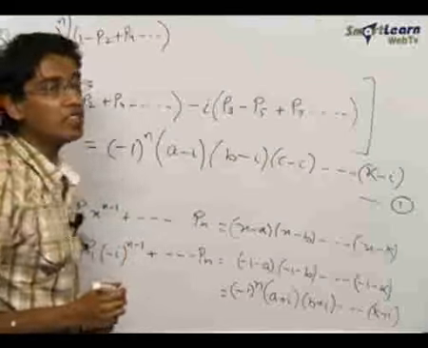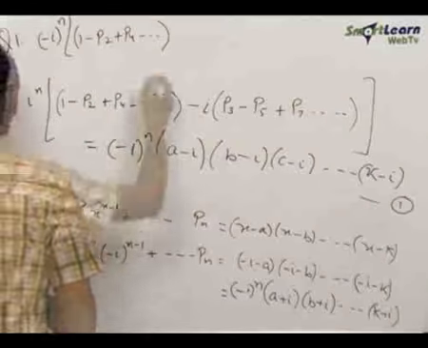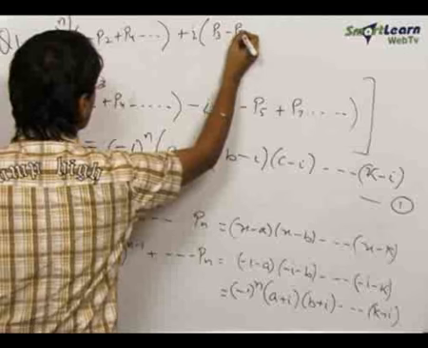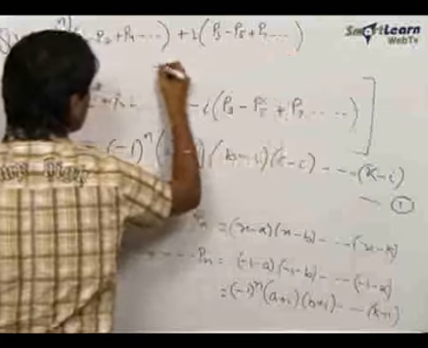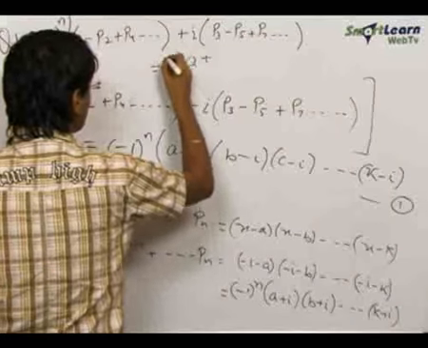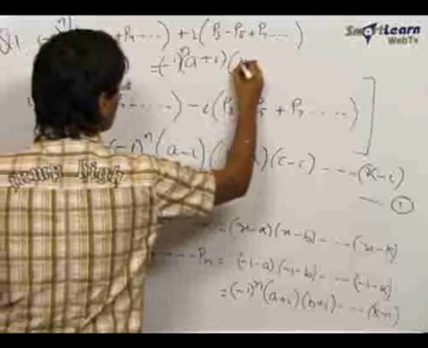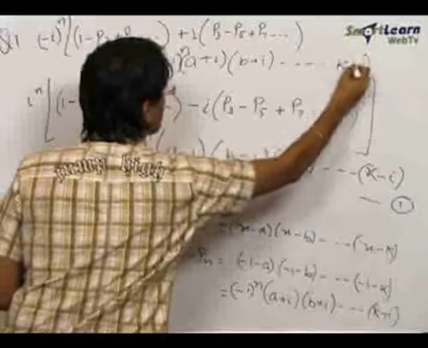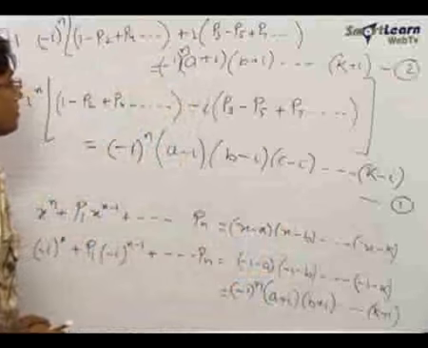We just need to repeat the steps as we did earlier in the case of x equals iota, plus iota times (p3 minus p5 plus p7) is equal to minus 1 power n (a plus iota)(b plus iota) up till (k plus iota). This we mark as the second expression.